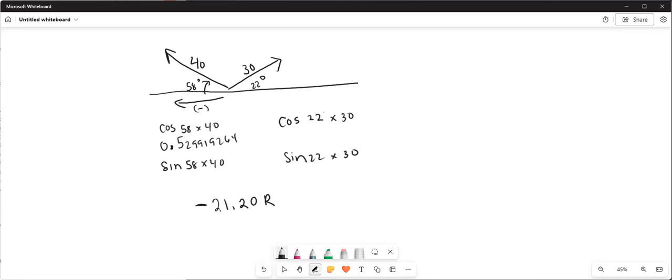And then 58 sine times 40 is plus 33.92. Then 11.24, and that's to the right.